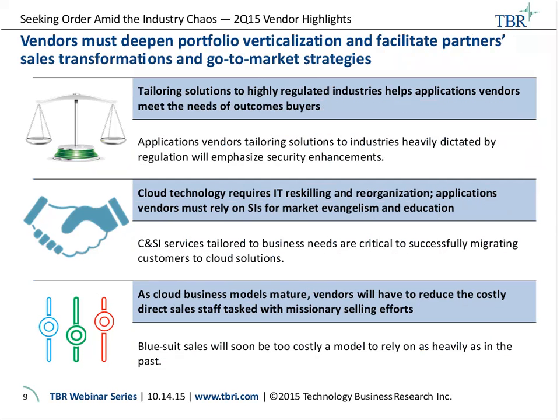So those are the overarching themes. Then we have three key topics that we address after running through the numbers. So that slide you were just on, we have numbers and bubble charts we'll be going through. These are the scenario topics that we have for this quarter. Tailoring solutions to highly regulated industries helps app vendors meet the needs of the outcome buyers.